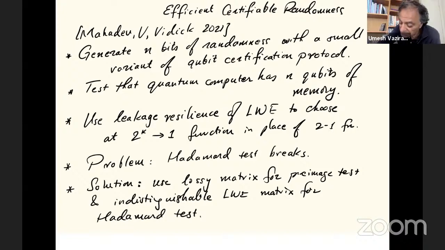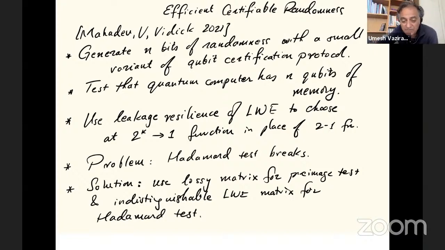But the certification of that randomness requires exponential time, because that's how long that kind of quantum supremacy test requires. Whereas what we'd really like to get is cryptographic randomness, which means that the verification process should be efficient.